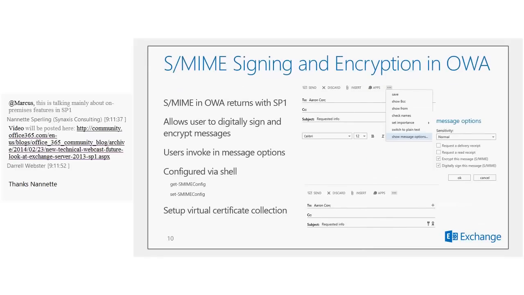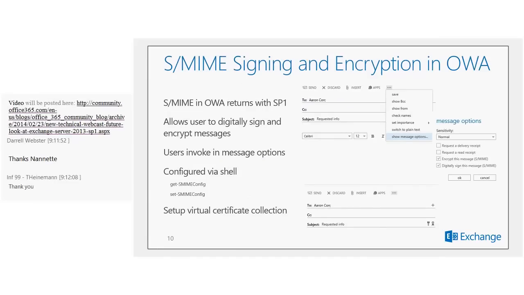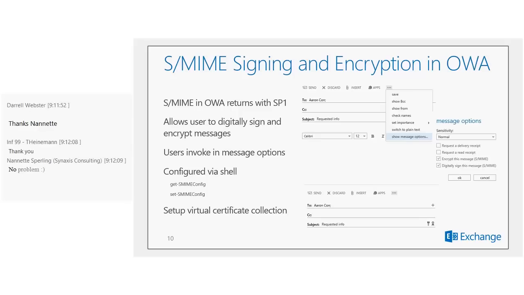An additional feature that was often requested, something that I think we have a good tradition of bringing back in SP1 releases, is S/MIME. And so S/MIME in OWA returns in SP1. Really the same set of features that we had in Exchange Server 2010, just delivered as SP1. It allows you to digitally sign and encrypt messages.